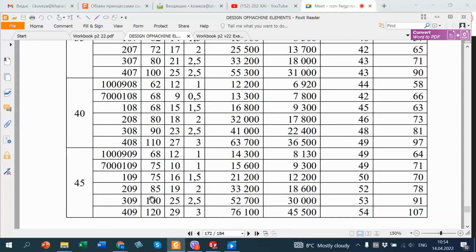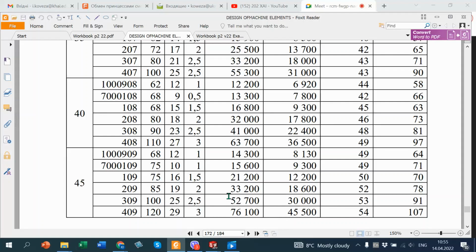Then we can use another bearing diameter, increase up to 45 and take medium series. In such case we have 52. It's rated at 49, so it means that it may be.